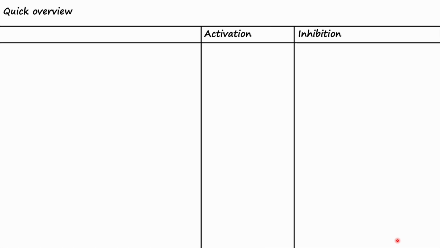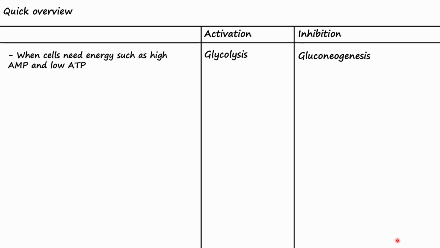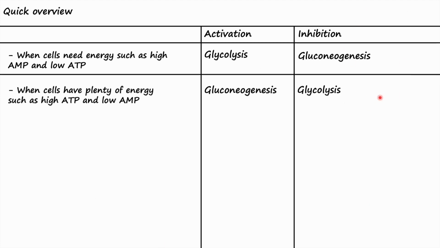Now, lastly, I just wanted to make it simple that when cells need energy, such as in the case of high AMP and low ATP, the glycolysis pathway is activated and gluconeogenesis is inhibited. When cells have plenty of energy, such as high ATP and low AMP, the gluconeogenesis pathway is activated and glycolysis is inhibited.